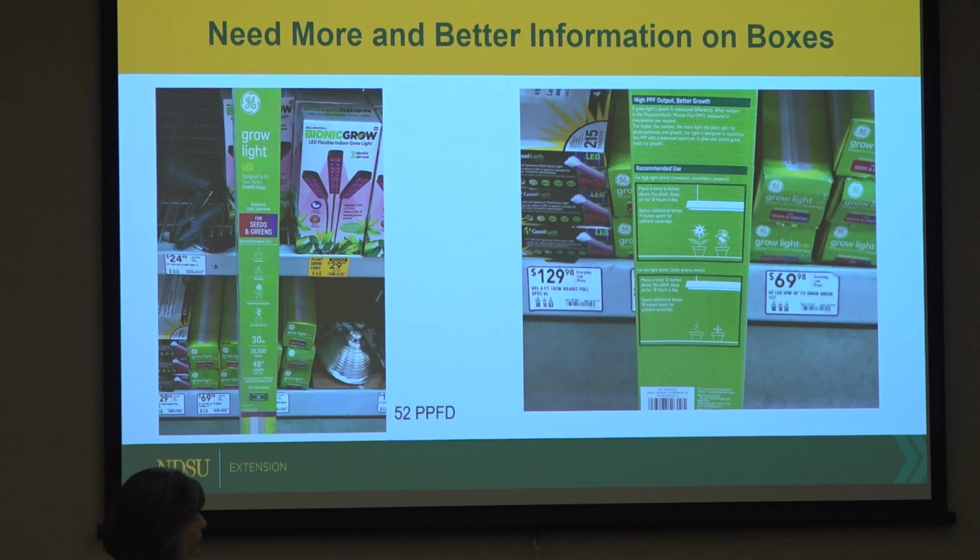It gives you what you need on the box, but I wish they were a little bit more transparent and would have standardized language and figures that they show on the box. Because it's really hard for consumers, isn't it? Really hard to know what you're getting. But either look for that PPFD or look for the DLI.